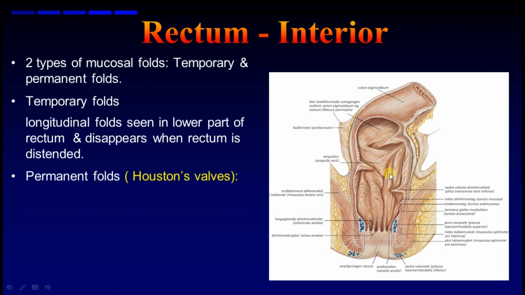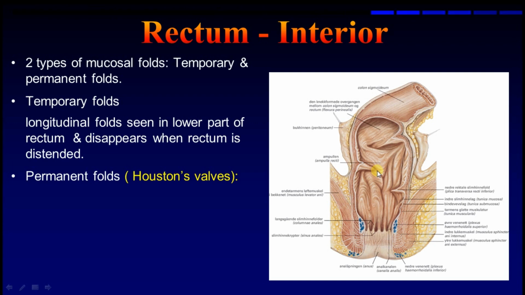The next type of folds which we see here are the permanent folds, and they are called Houston valves. So this is what we have discussed in the lateral curvatures of the rectum. From the hollow of the lateral curvature, or concavity of the lateral curvature, we can see these folds projecting into the lumen of the rectum. They are reduplication of the mucous membrane, as I told you, then submucosa and the circular smooth muscles.